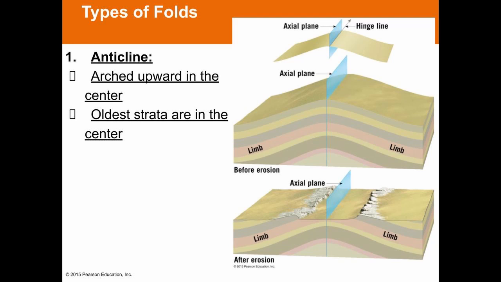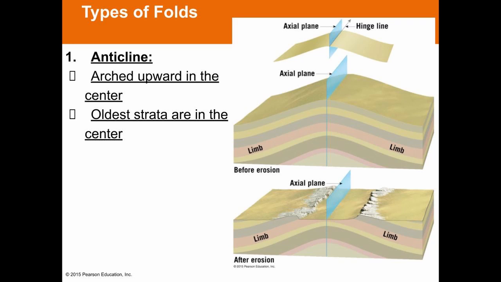What happens with a hill? You're going to have erosion happening. The top of this hill eventually is going to be eroded out flat, leaving you with what's shown here after erosion at the bottom. The center of this anticline actually digs into the older rock. You see that yellowish looking rock in the center that is older than the rest because it's lower down in the strata.